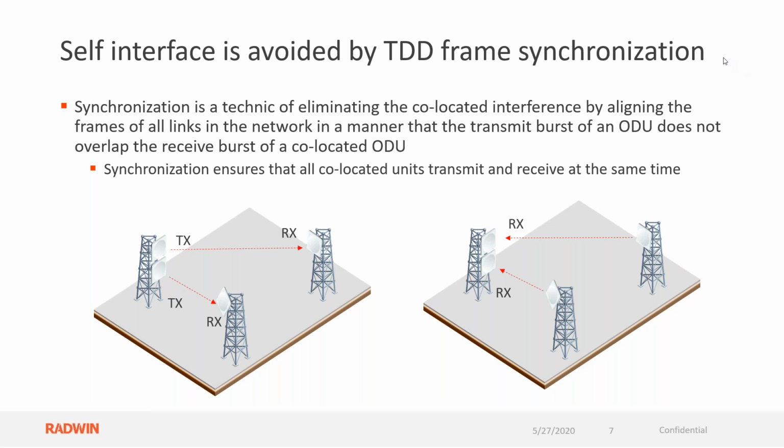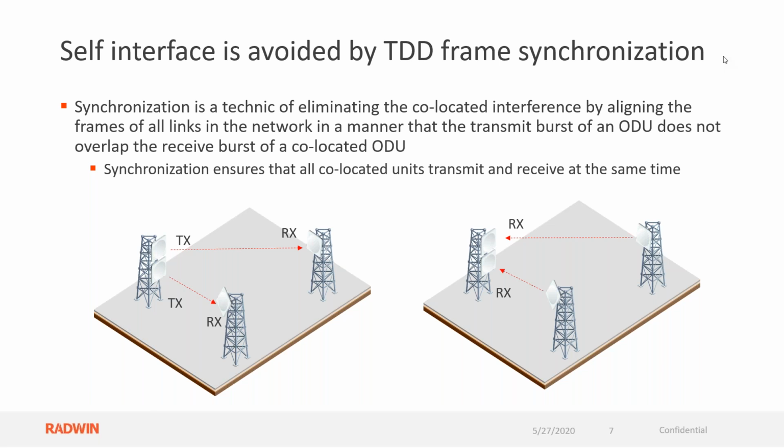We can synchronize RADWIN equipment, but we cannot synchronize other vendors' equipment. If the solution is based on RADWIN equipment, we can guarantee that we can synchronize our equipment and that there will be no self-interference when collocated channels are configured.